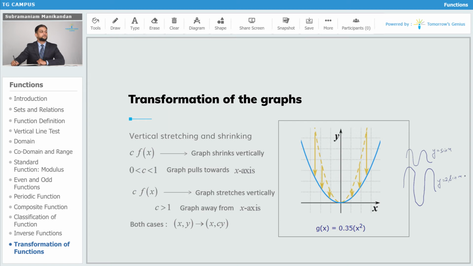Similarly, sin x divided by 2 makes the graph smaller. It does not change the interval or the period of sin x, it just makes the graph smaller.